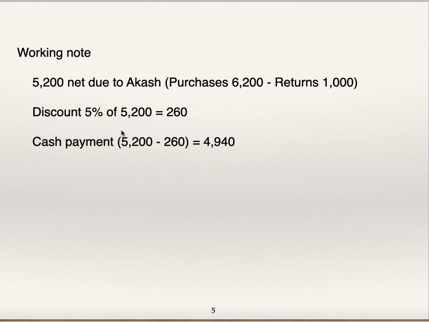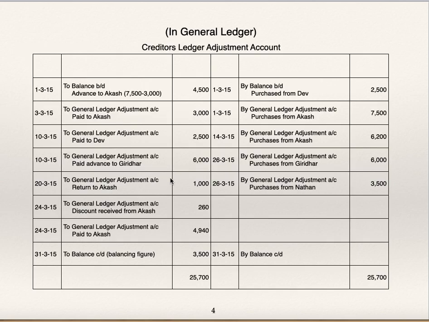Discount is 5% of 5,200, discount is 260 and cash payment is 5,200 minus 260, which is 4,940. To general ledger adjustment account, discount received 260. To general ledger adjustment account, paid to Akash 4,940.